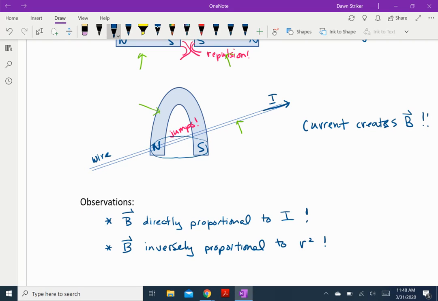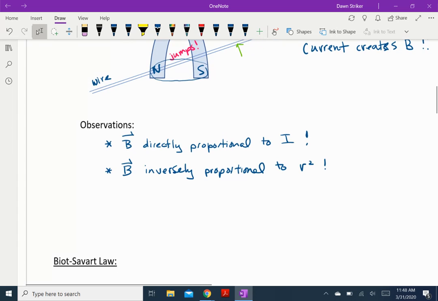And that looks very familiar from electrostatics. And last but not least, the magnetic field is also proportional to the sine of theta, which makes me think of cross product. Okay, the sine of the angle.